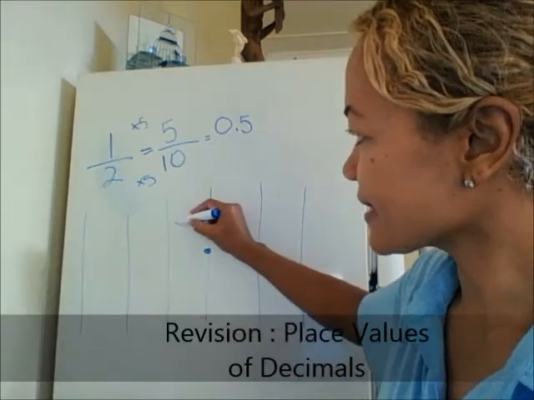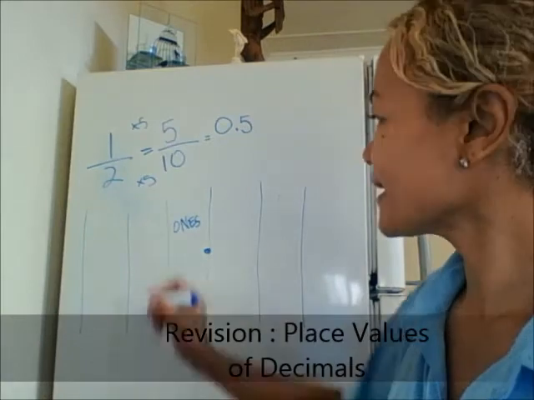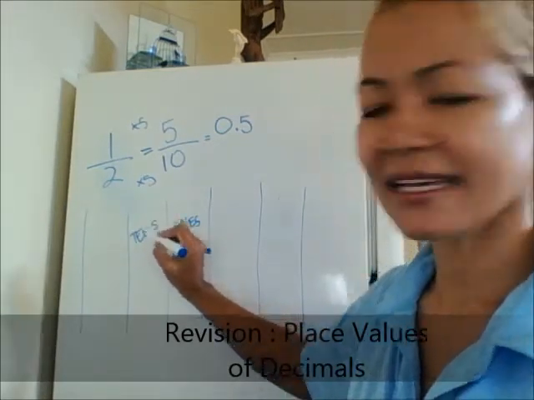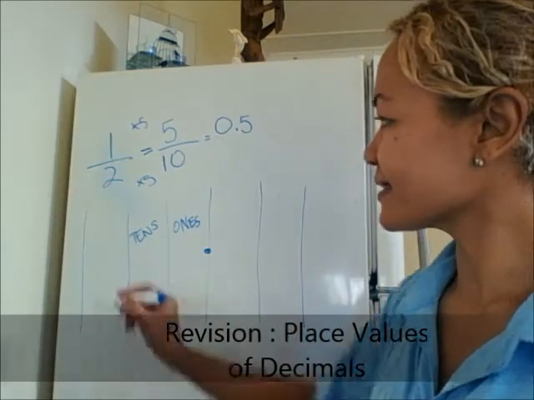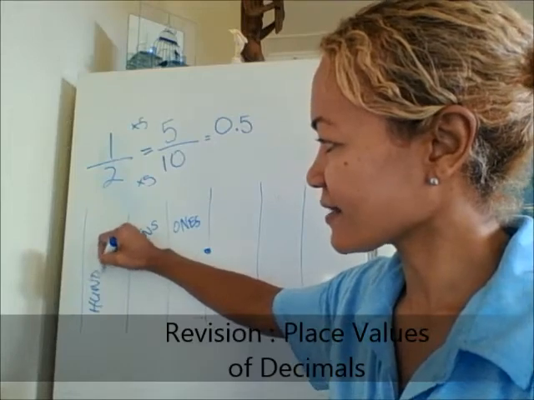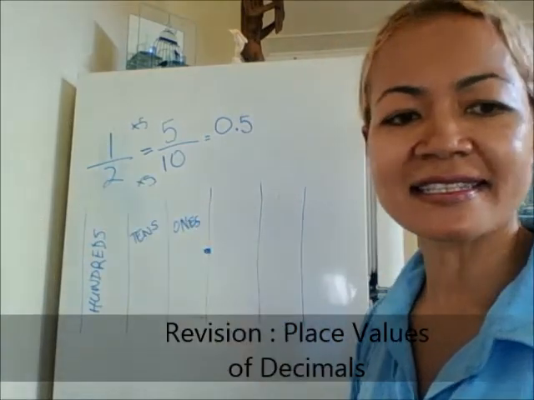So this is the ones column. This is the tens column, and this is the, sorry, I'm writing it at an angle because it can't fit horizontally, and this is the hundreds column.